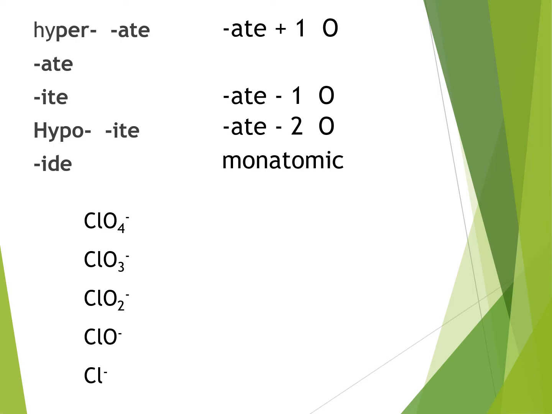Also, the "hyper-ate": I have never, in my entire existence, seen the "hy" actually attached. Officially, that is the name, "hyper-ate". It is above "ate", as opposed to "hypo-ite", below "ite". So that is always shortened to just perchlorate, perbromate, periodate.